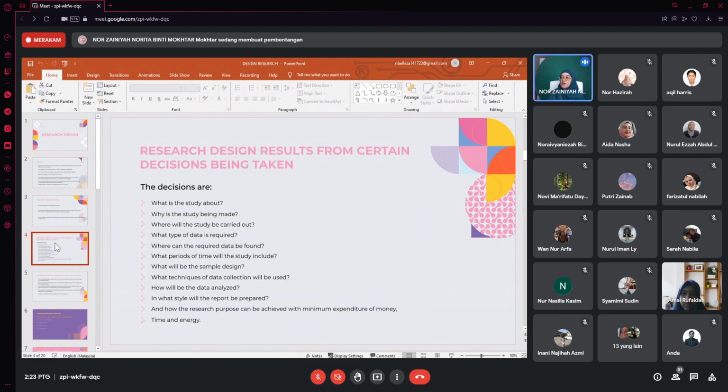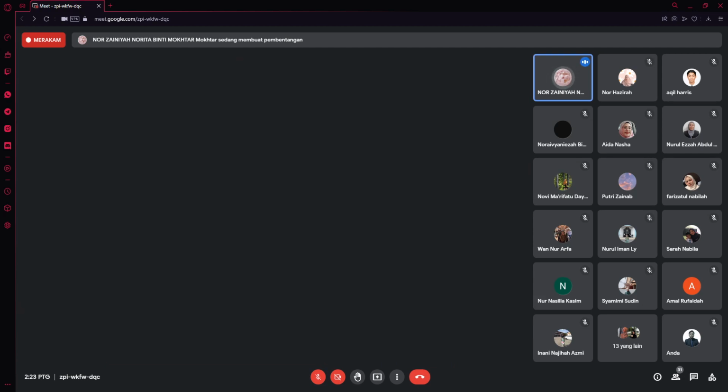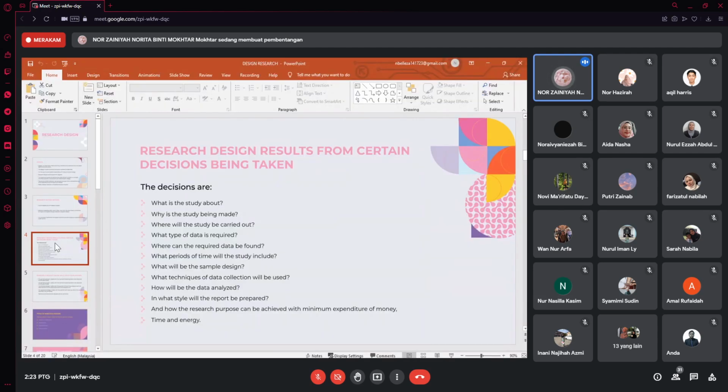So we look into identifying. These are the things required when you do research, when you write research. These are the things that you have to have answered. At this stage in this course, we just want to know how it looks like.